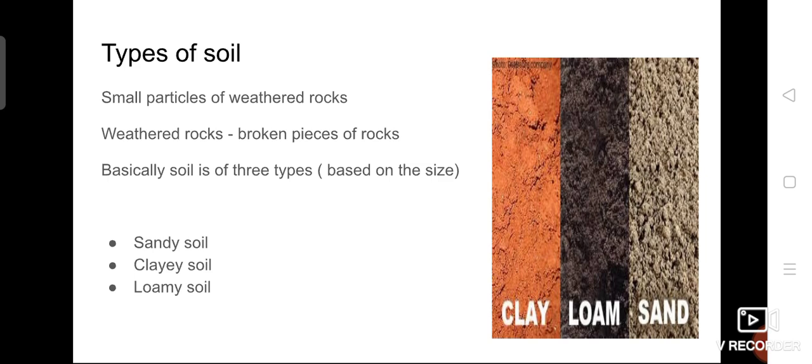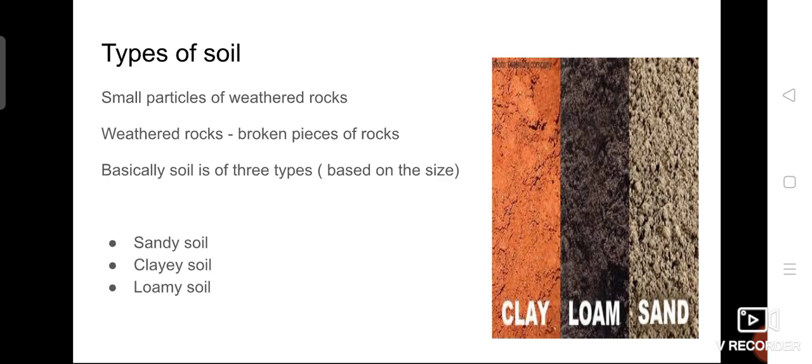What do you mean by weathered rocks? Weathering denotes a process, which we saw in our last class. In the earlier period, the earth was fully made up of huge rocks, and because of continuous climatic changes and weathering conditions, they were broken down into small particles, isn't it?